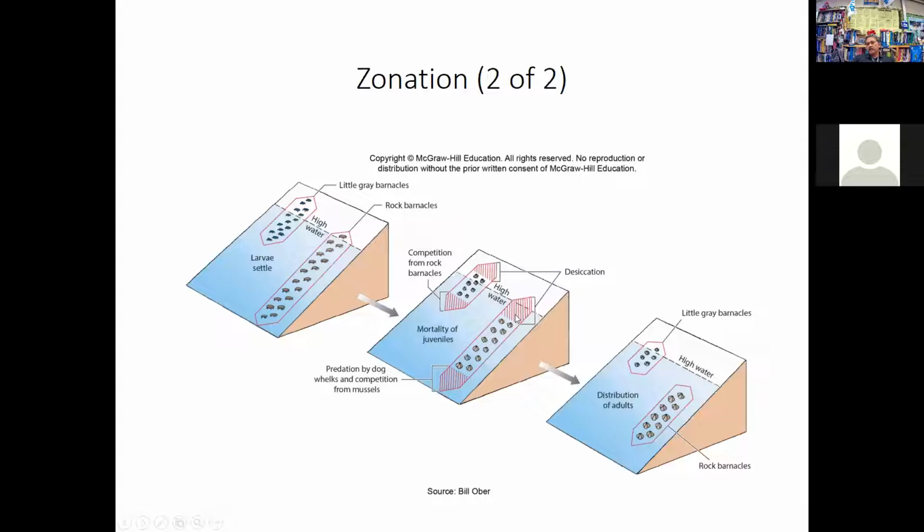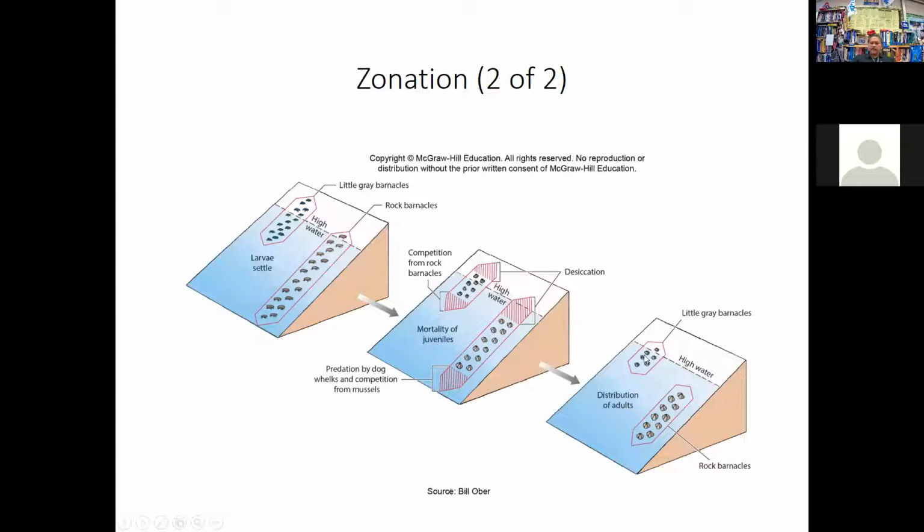And the reason that it doesn't is because down here, it's competing with other organisms, and up here, they're getting dried out, and these guys are better at living in an environment that has come down from the high tide.